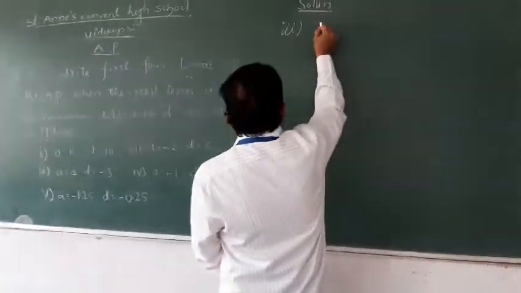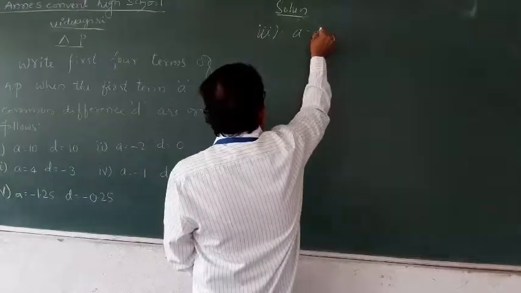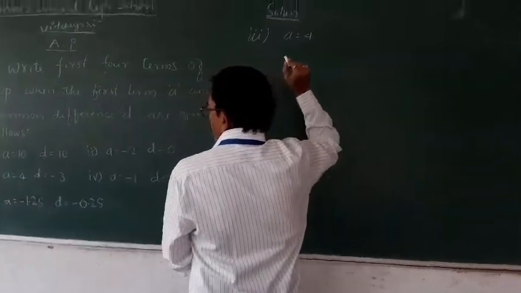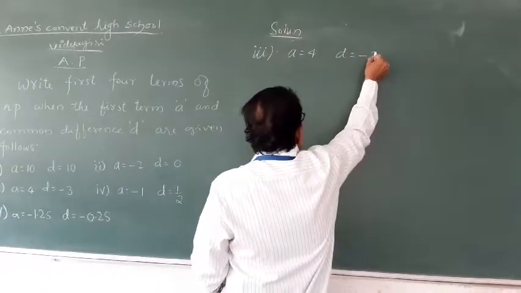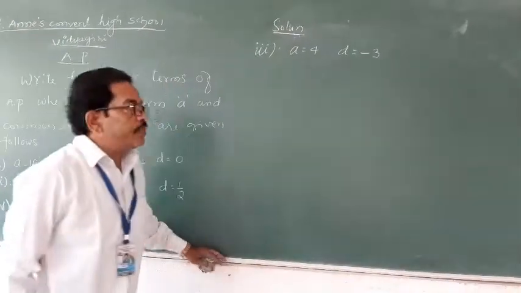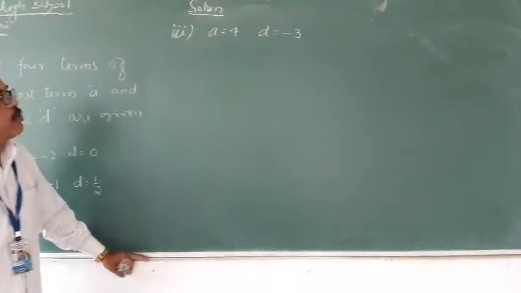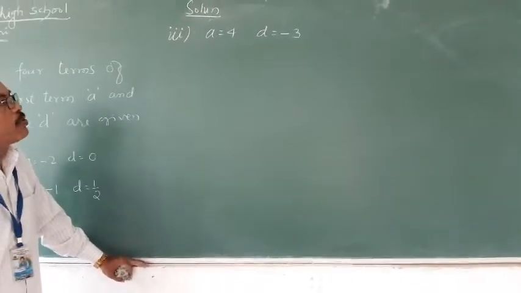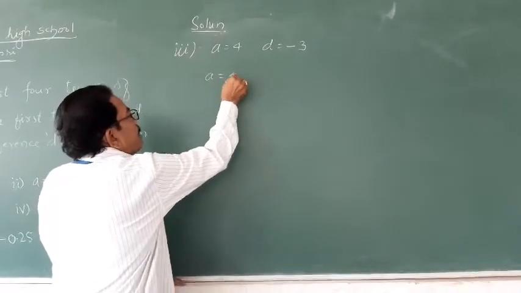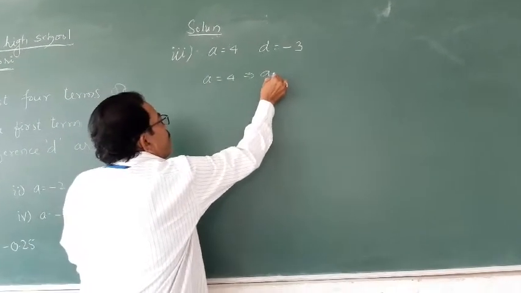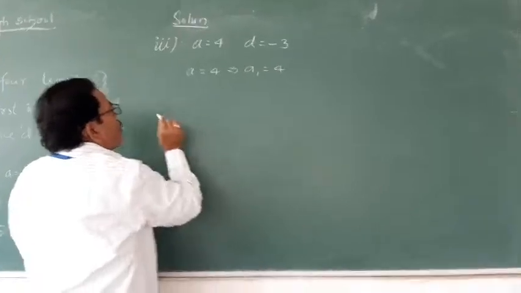A equals 4, D equals minus 3. See, A equals 4, D equals minus 3. A equals 4 means A1 equals 4.